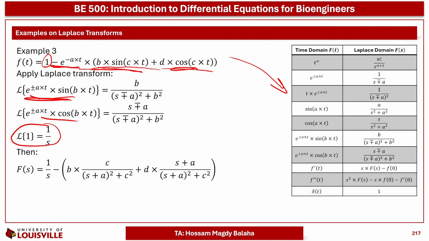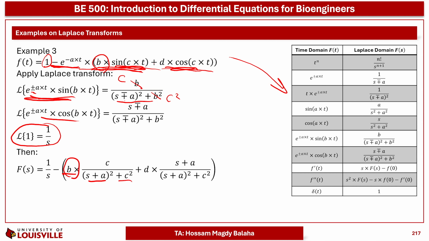We will keep b as a constant here and use this pattern: sine times exponential raised to negative at. The negative will be converted to positive, like here. And sine bt here is sine ct, so we replace each b here by c. The final result will be c multiplied by b over (s plus a) squared plus c squared.